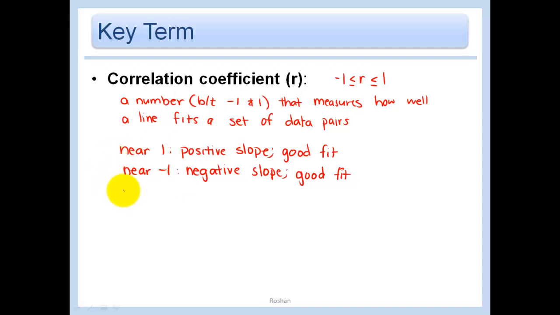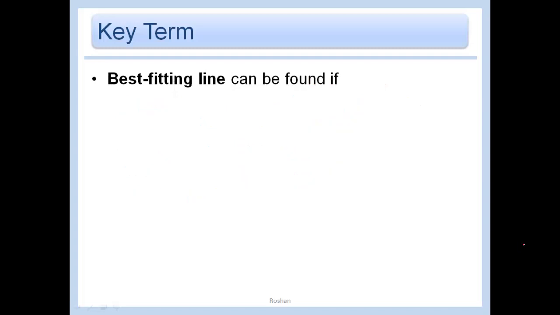What do you think that near 0, which is in the middle of -1 and 1, is going to indicate? That there's no correlation between the set of data pairs and an actual line. Okay. A best fitting line can be found if that R is near the +1 or the -1.